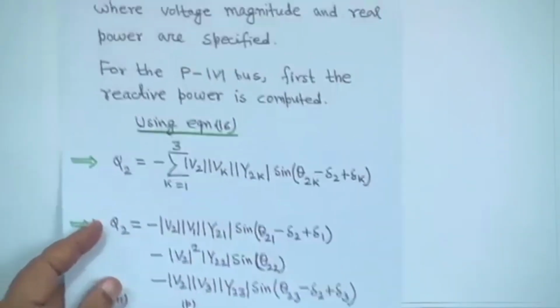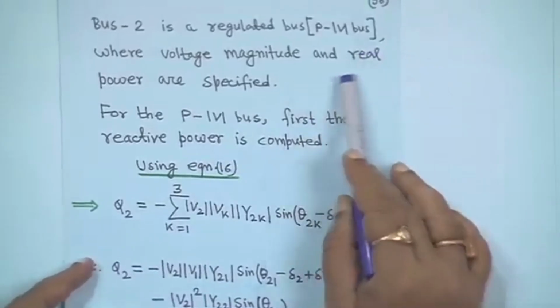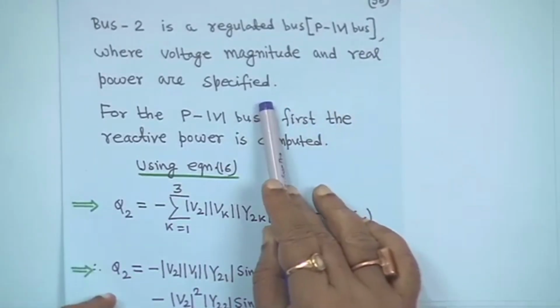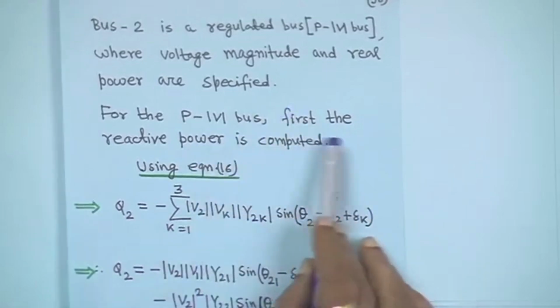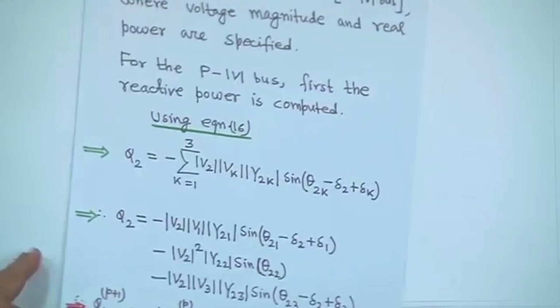So bus 2 is a regulated bus, that is a PV bus, where voltage magnitude and real power are specified. For the PV bus, first the reactive power is computed using equation 16. Let me find where equation 16 is.